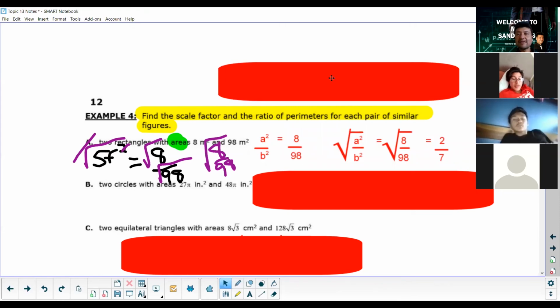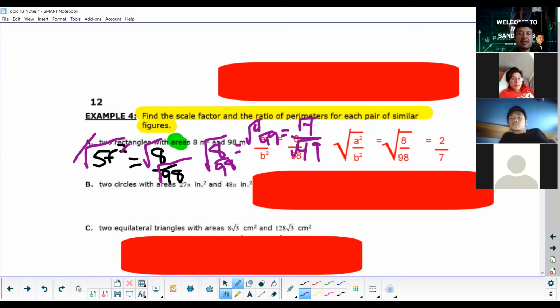Well, most likely, I think what happens is this. This becomes 4 over 49. And then when you take, you could separate each one. Square root of 4, square root of 49. And as a result, you get 2 over 7. So you see the progression.